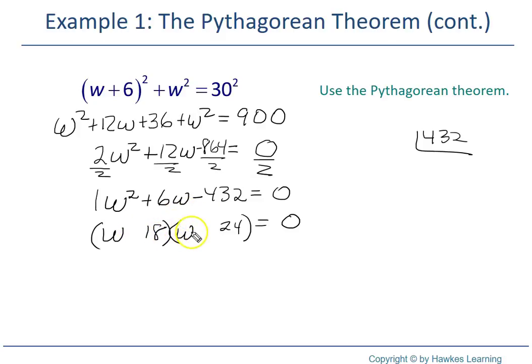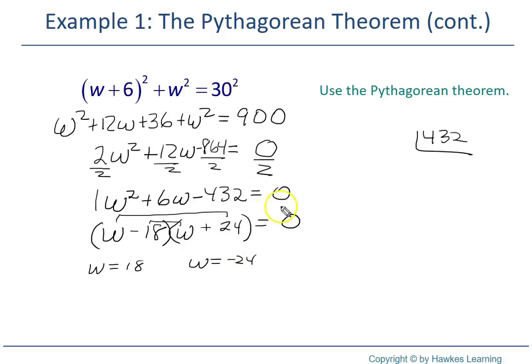Now, which one's going to be negative? Which one's going to be positive? Well, we need a positive 6. So our outers, which will give us a positive 24w, our inners then a negative 18w, and that checks out, gives you a positive 6. So here w is going to give you 18, and here w will give you a negative 24.